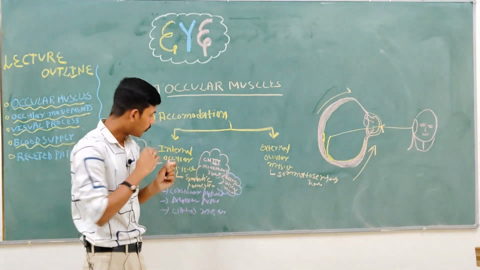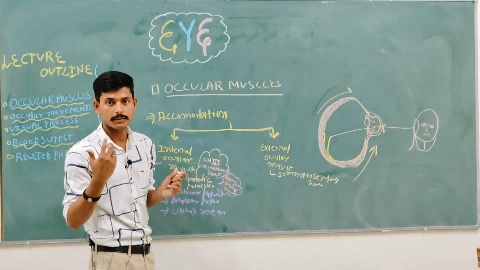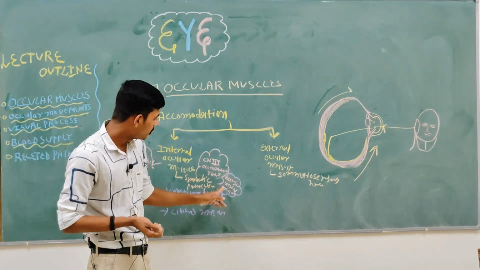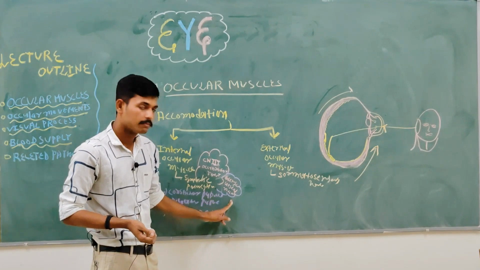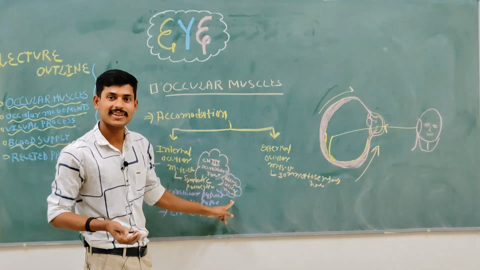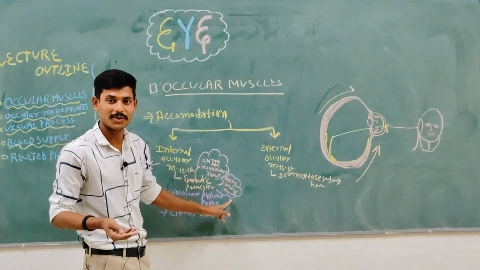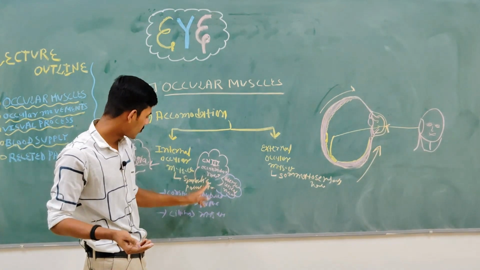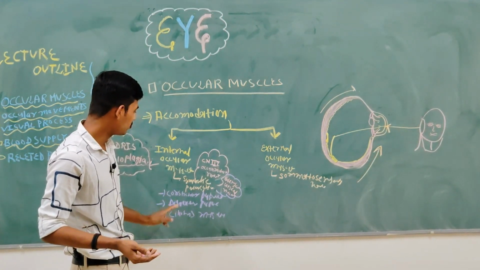But on the way, when they come from the brain region, in the midbrain, they meet with this naughty nerve, the parasympathetic and sympathetic, which we don't have control over. They join and are supplied to these three muscles.